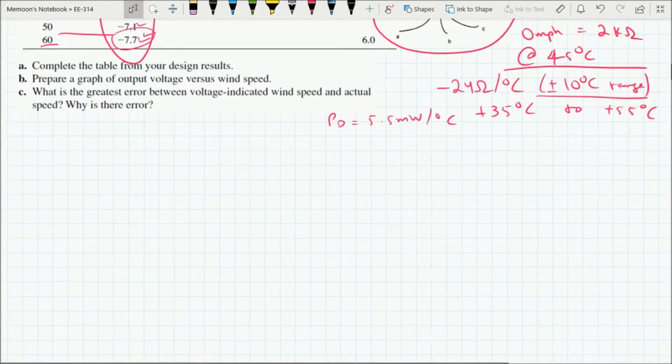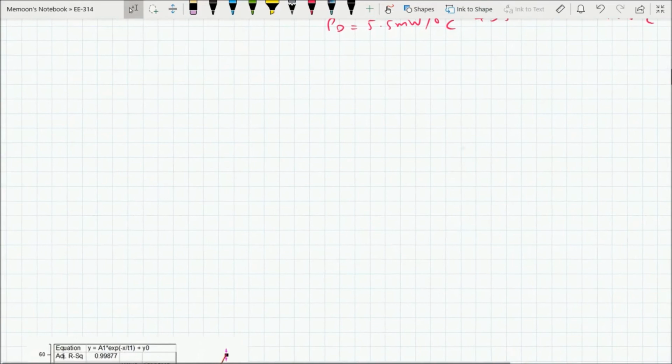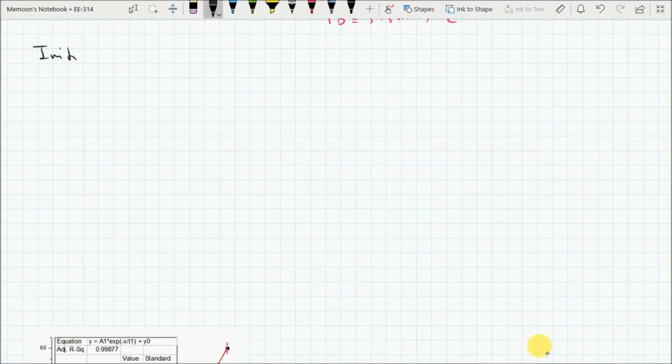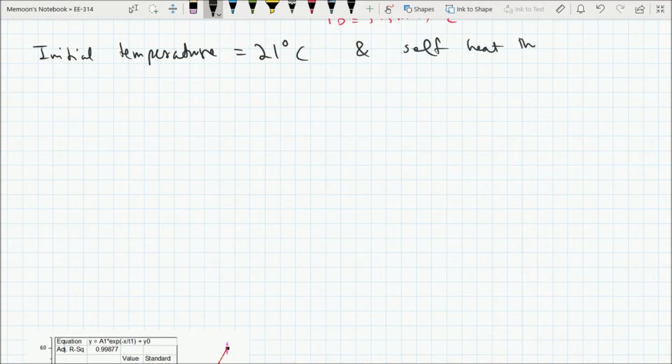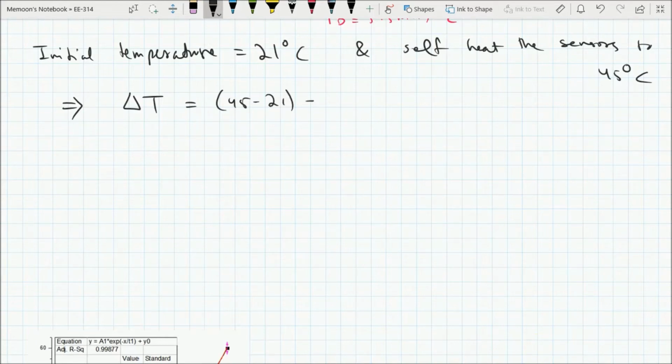We know that the ambient, the initial temperature is 21 degrees Celsius. And we have to heat these thermistors using self-heating, by passing a current through them, to a temperature of 45 degrees. So self-heat the sensors to 45 degrees Celsius. This implies that the delta T required because of this self-heating is now 45 minus 21, and that is 24 degrees Celsius.